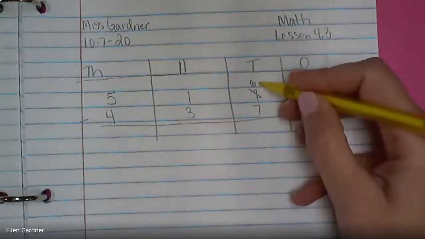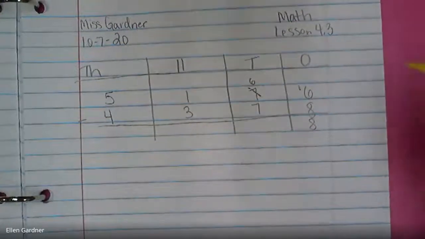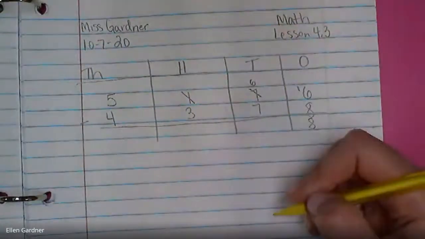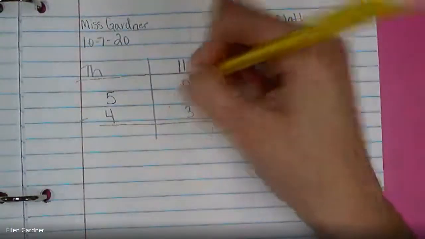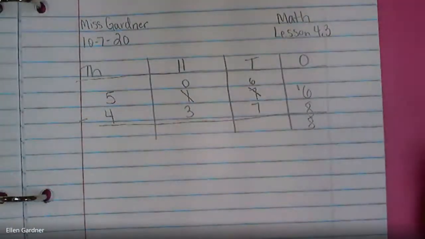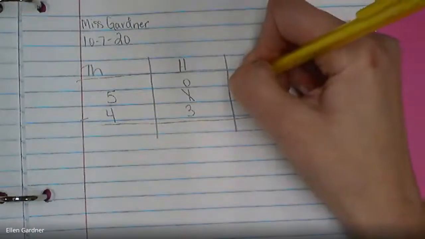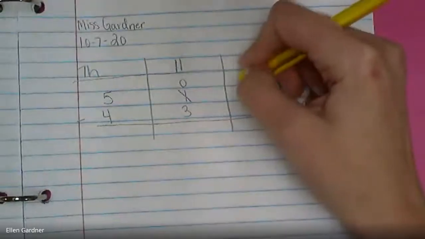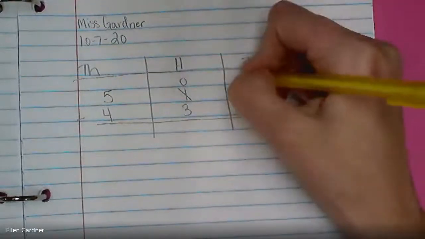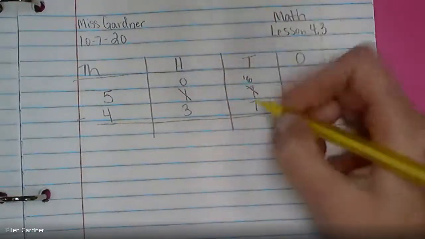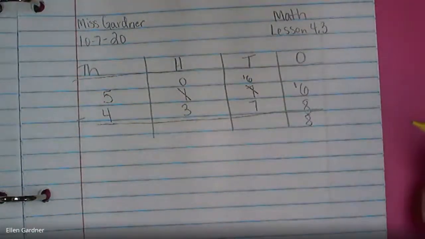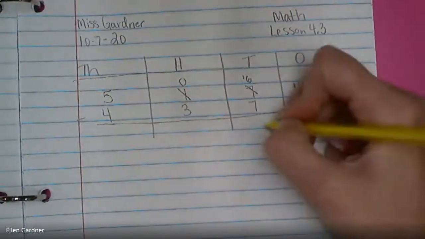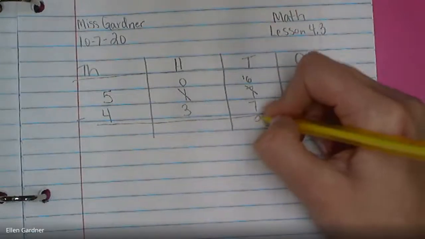The digit on the top is too small. So we are going to regroup from the hundreds place, crossing out that 1, writing a 0 above it, and giving 10 tens to the tens place. I'll stay consistent with our textbook and write the 1 a little above it to show that that was regrouped. Now we can subtract 16 minus 7, which equals 9.